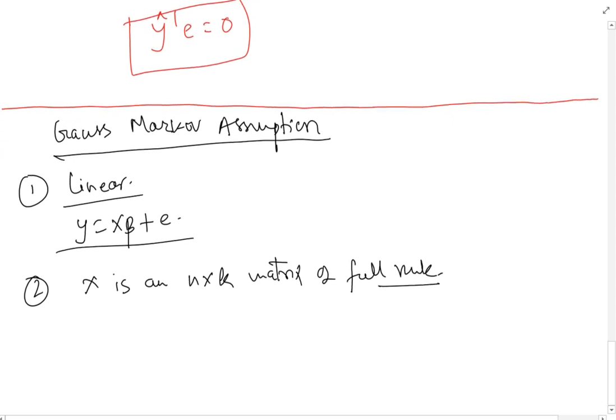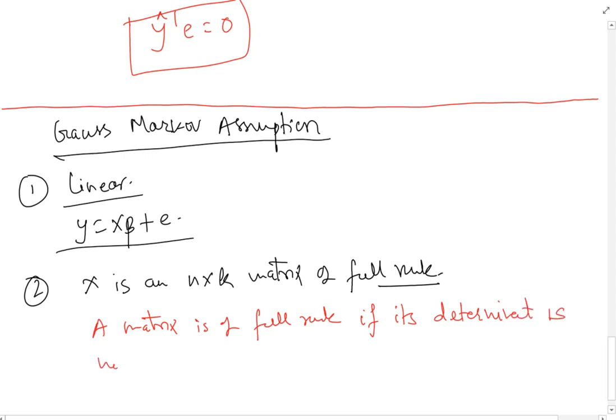What does full rank mean? In a simple sense, a matrix is of full rank if its determinant is not equal to 0.